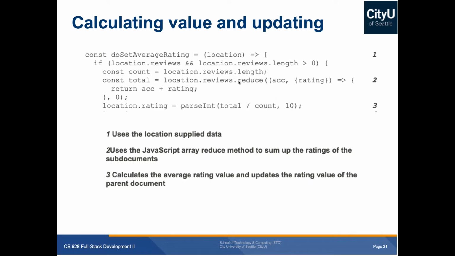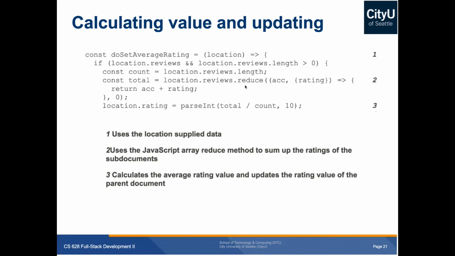So the reduce method takes in an accumulator and the value. What this does, basically, is go into each element of the reviews array, and keep accumulating this ACC variable. The rating would keep changing and keep accumulating to the ACC.